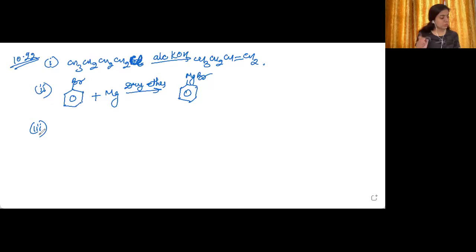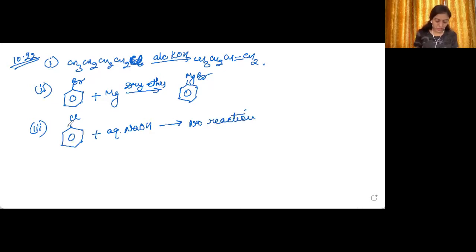Then the third one, chlorobenzene is subjected to hydrolysis, that is, it is treated with aqueous NaOH. Now see, in this reaction, what will happen? If no condition is given, we can write no reaction.